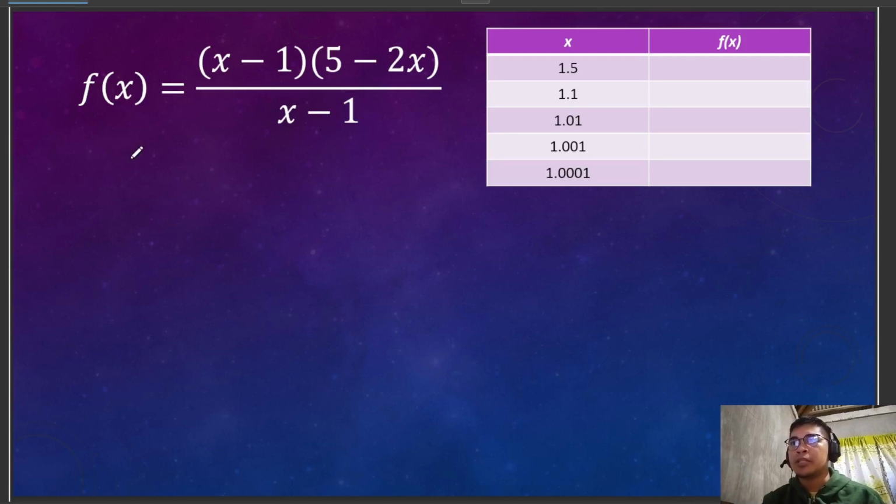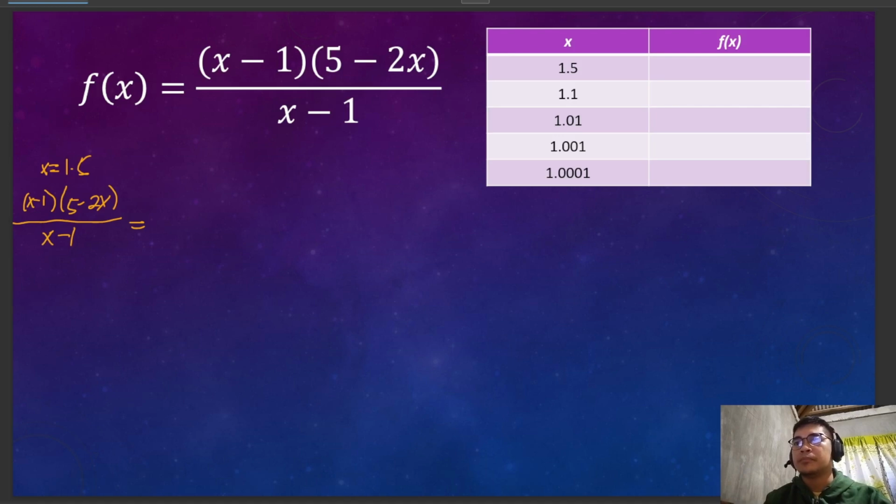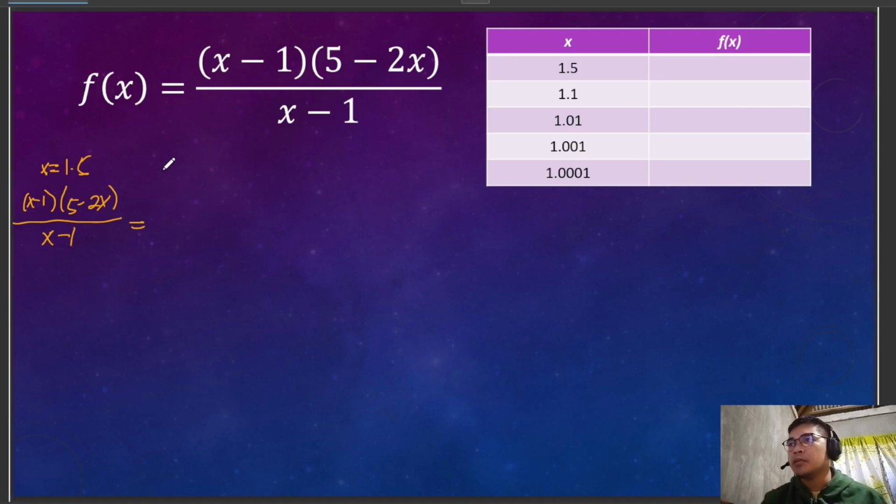So, the same, we just substitute. First, the value here is x equal to 1.5. So our x minus 1 times 5 minus 2x all over x minus 1. Then substitute: 1.5 minus 1, then 5 minus 2 times 1.5 all over 1.5 minus 1.